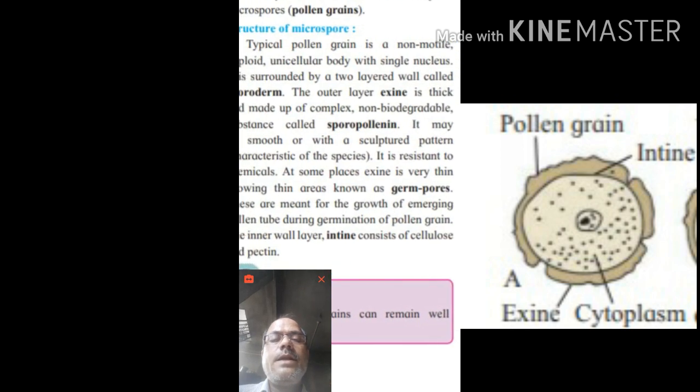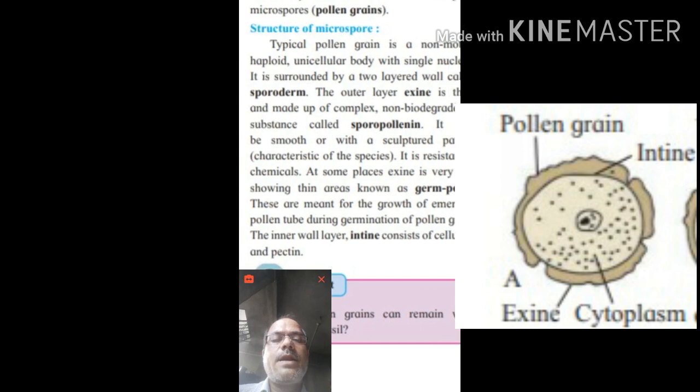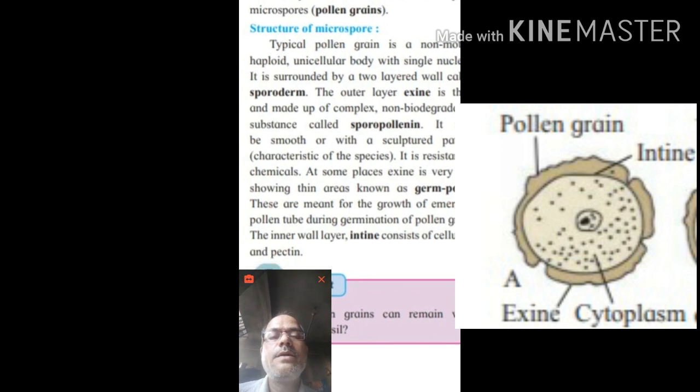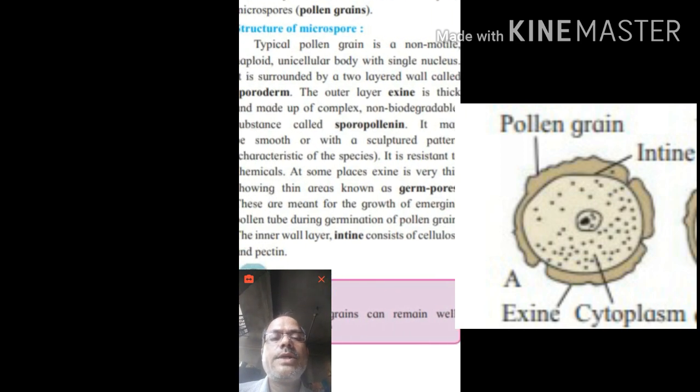The inner layer is called the intine. It is thin, and the exine is not continuous because of the presence of pores or openings.